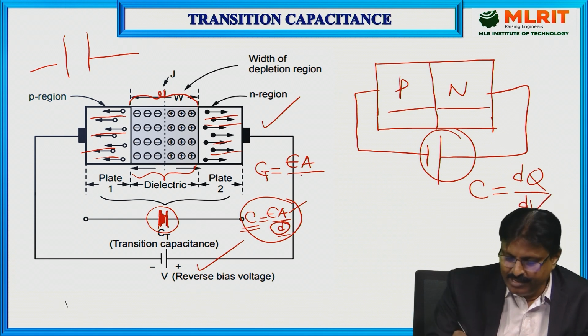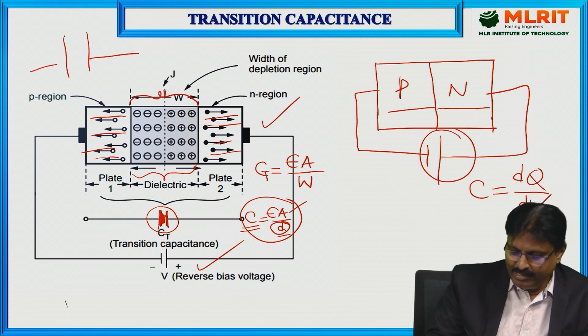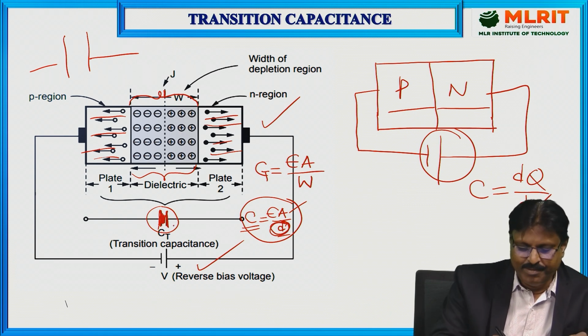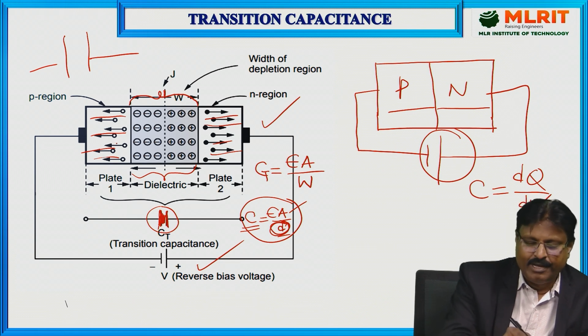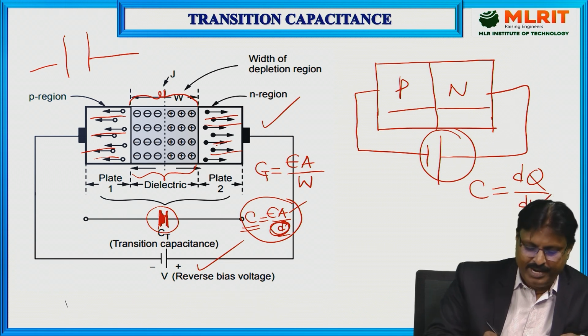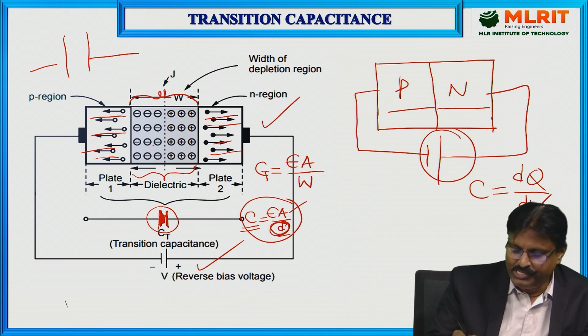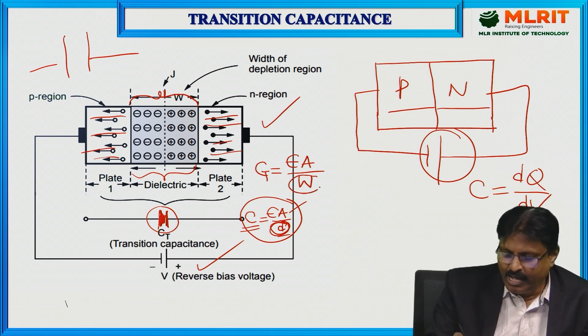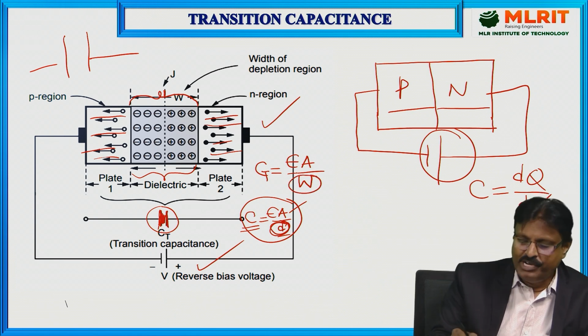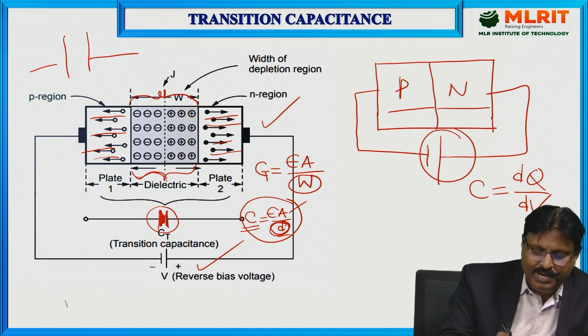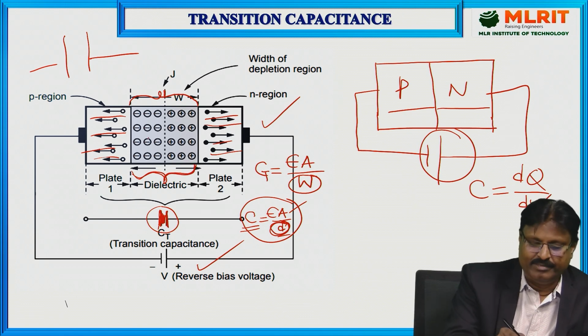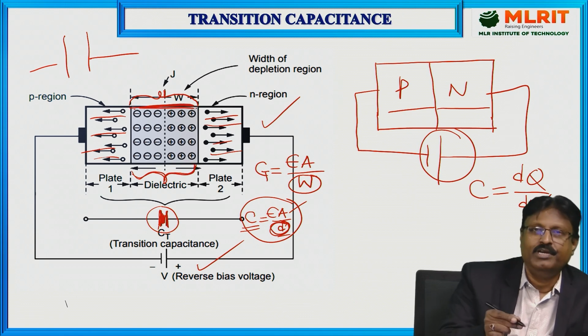So my formula is CT is equal to epsilon A by W. For a parallel plate capacitor it is small d, the distance between the plates, but here I represent the diode with reverse bias applied, so instead of D I should write W, the width of the depletion region.